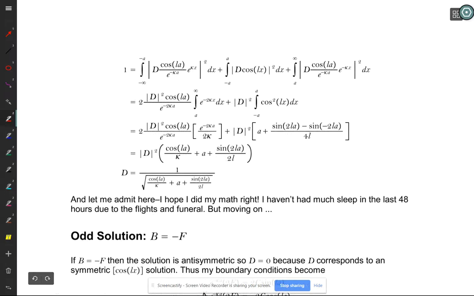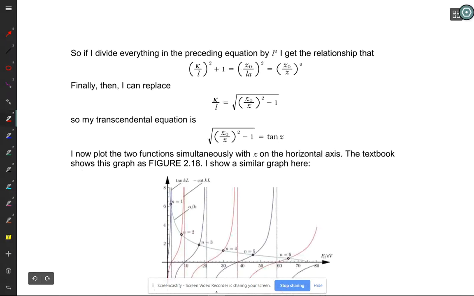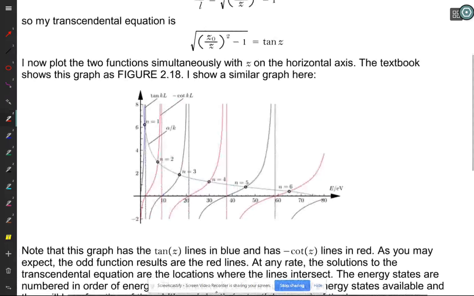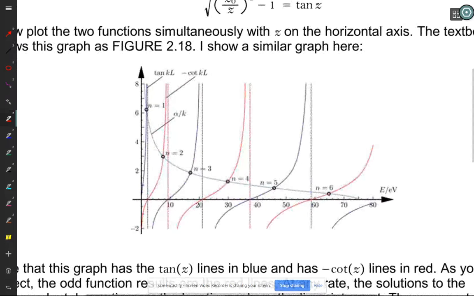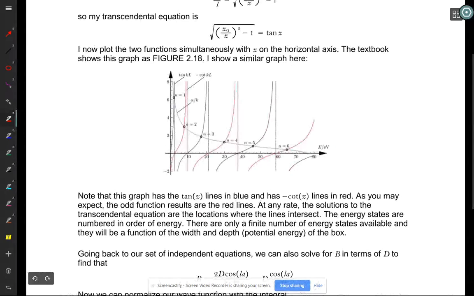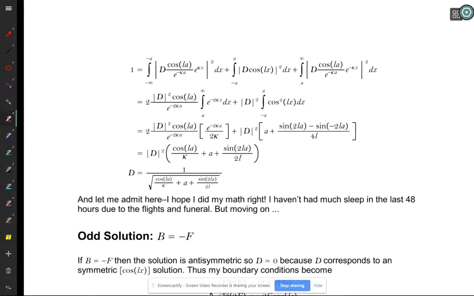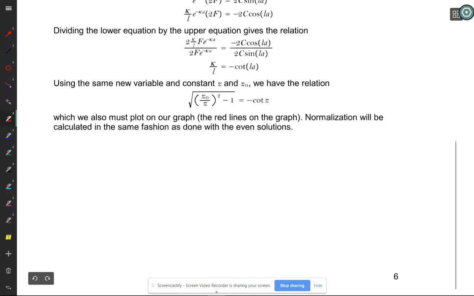Yes, this is the double well. Okay, so here's the graph. So with our definition of Z, we're able to find the values of intersections. So we're able to find the Z values that come out. So there's our quantization.